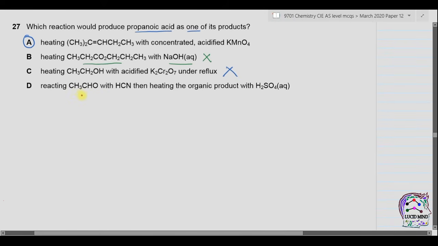Part D says reacting ethanal with HCN and then heating the organic product with sulfuric acid. So let's see what happens when aldehyde reacts with HCN. One carbon atom will be increased. Now it is converted into hydroxynitrile.